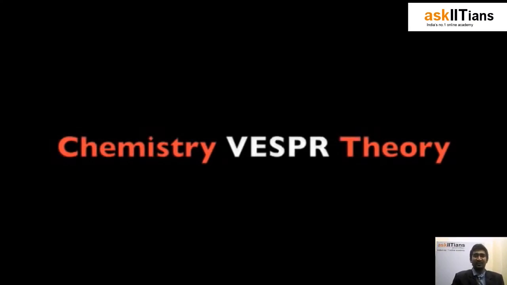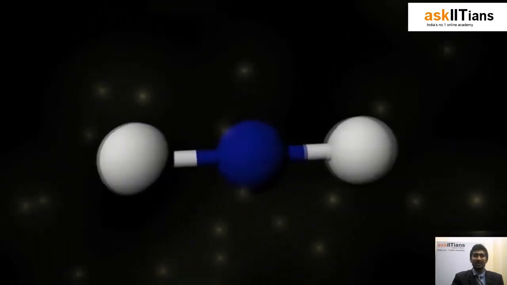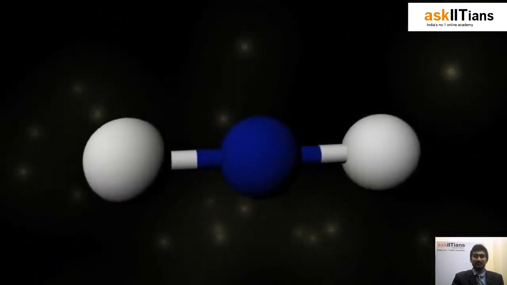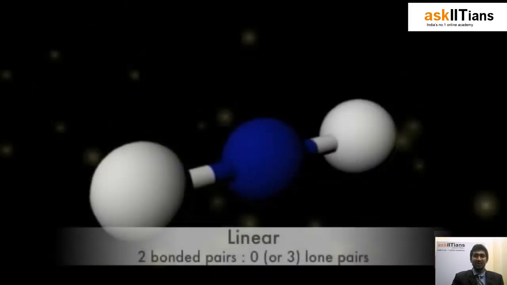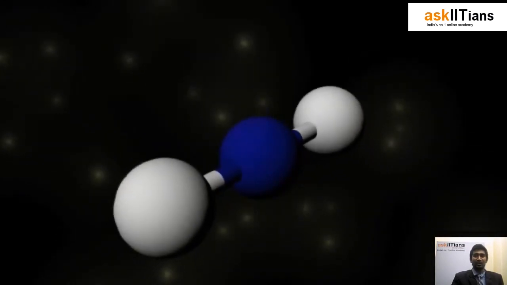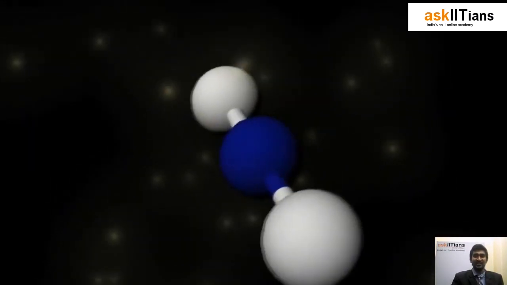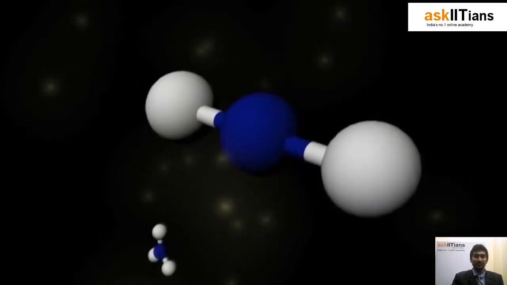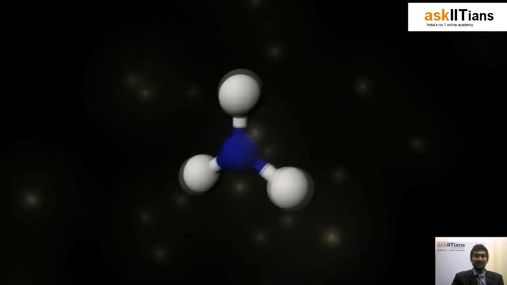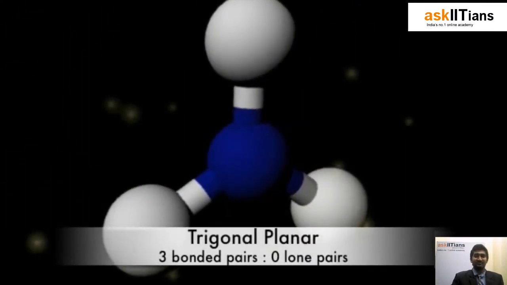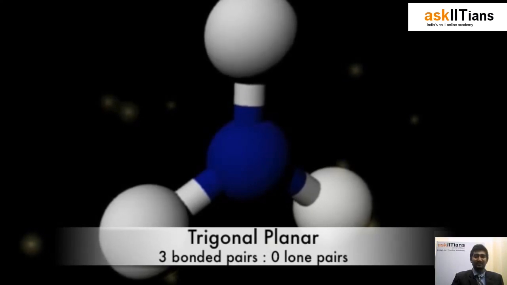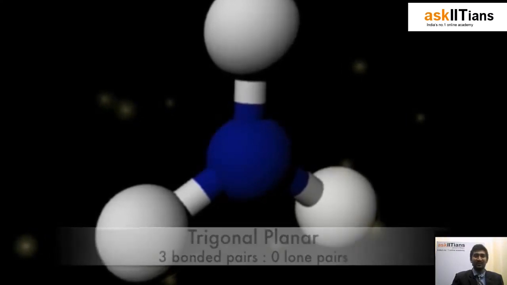Chemistry VSEPR theory. When we talk about VSEPR theory, let's see this molecule. This molecule is linear, two bonded pairs and zero lone pairs. Our next molecule is trigonal planar. It has three bond pairs and zero lone pairs.